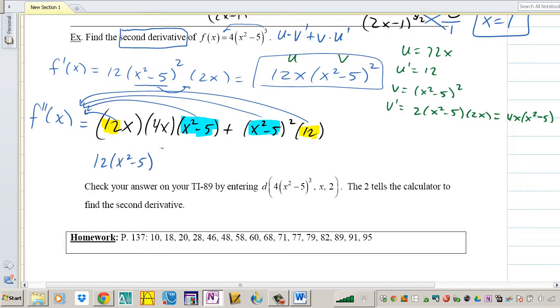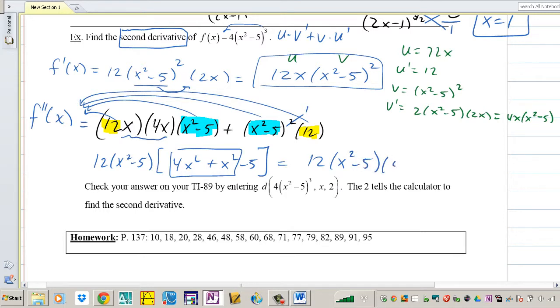And what do I have left? Well, I have this only, which is 4x squared, and then I have only one of this, which is plus x squared minus 5, bracket. Add up the x squares, and I have 12x times 5x squared minus 5.